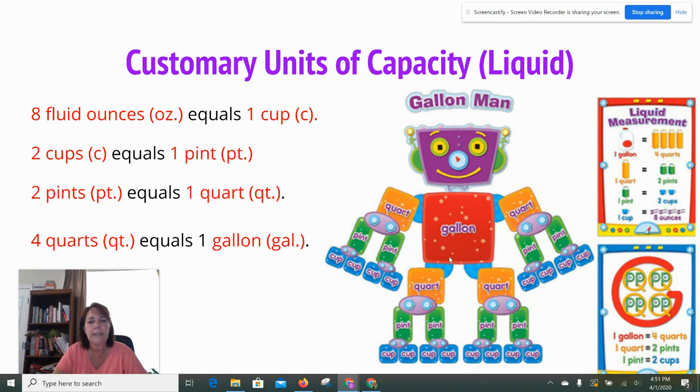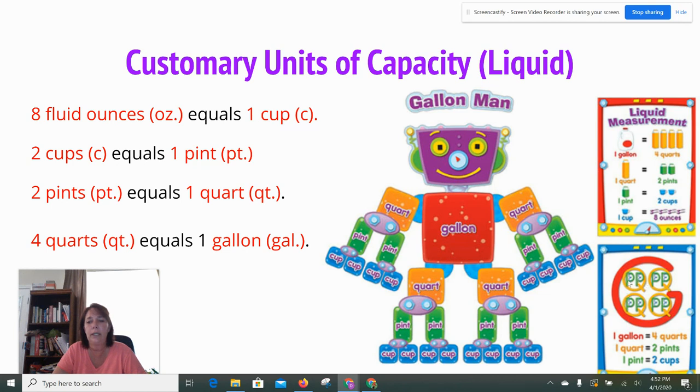So think about from 2nd grade when you made the gallon man. You may have also made this over here. There's a big G for gallon. There's 4 Q's for the 4 quarts it takes to make the gallon.